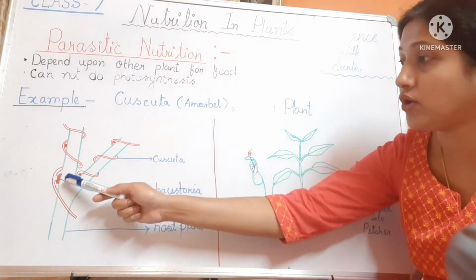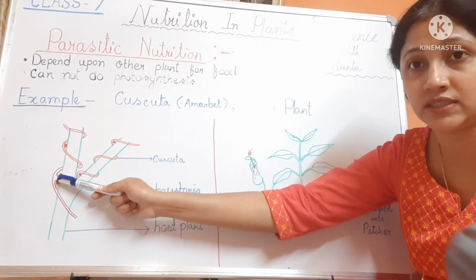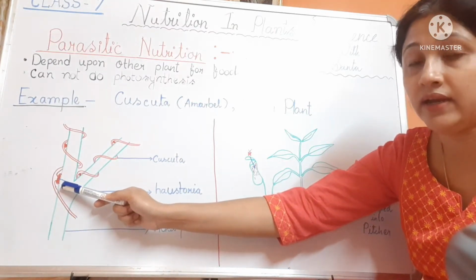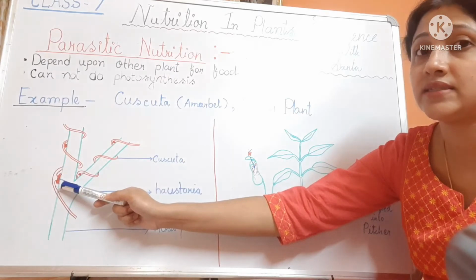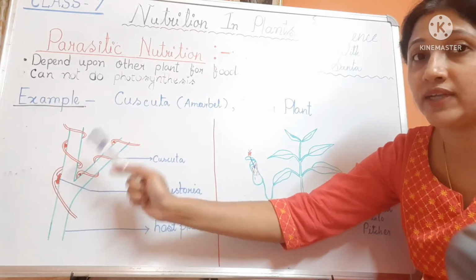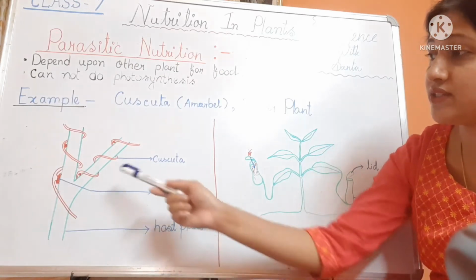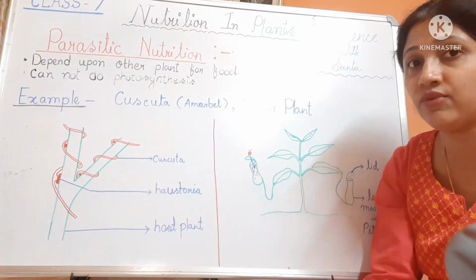In the haustoria of Cuscuta, as you can see here, are its vascular tissues. What are these vascular tissues? Xylem and phloem.